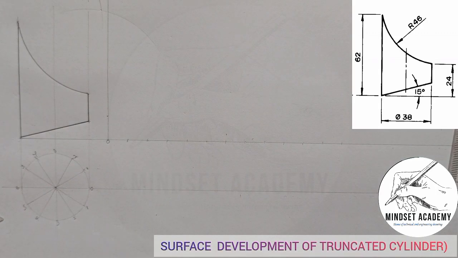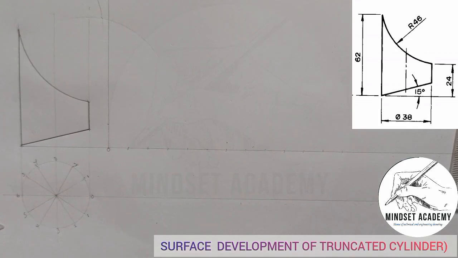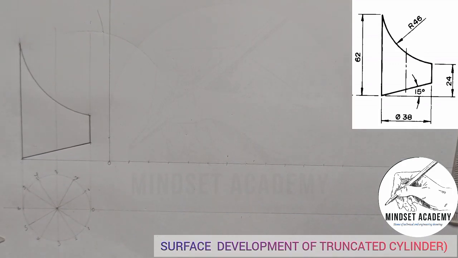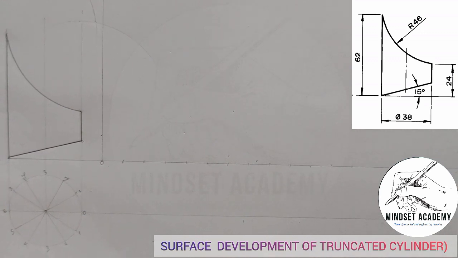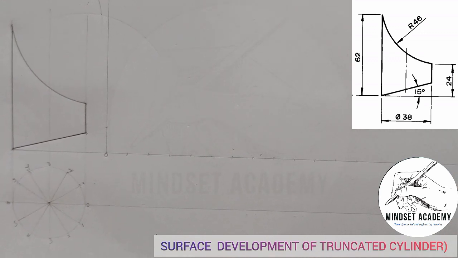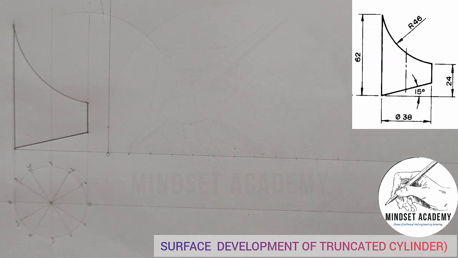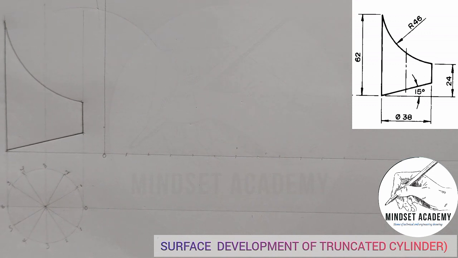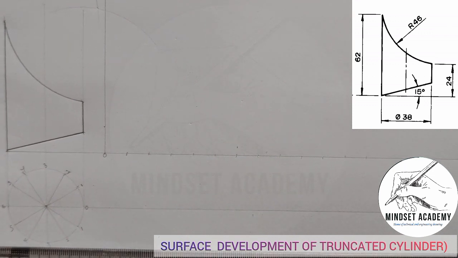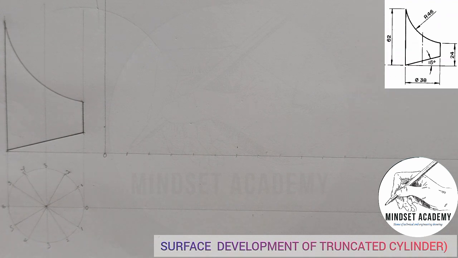Now from here, I can decide to increase this more, right? Take this up a little bit. You can see that. I try to take it up a little bit. This is what we have here. Now the next thing is I'll project each of these points with my meter rule.